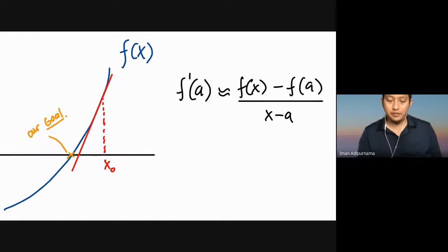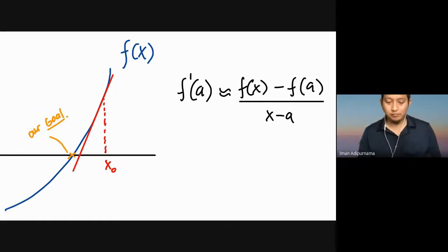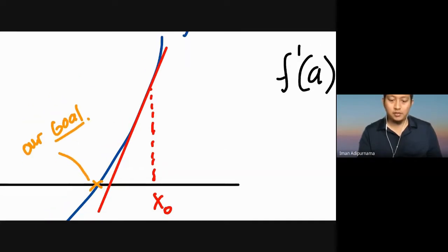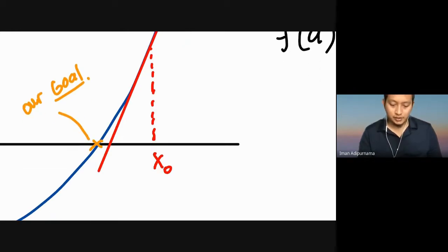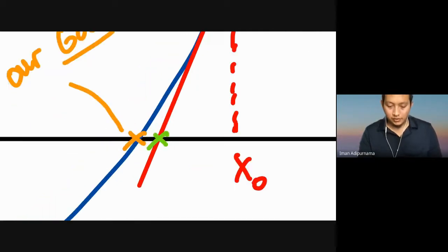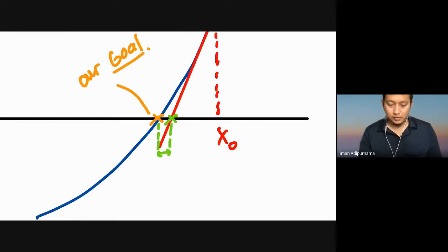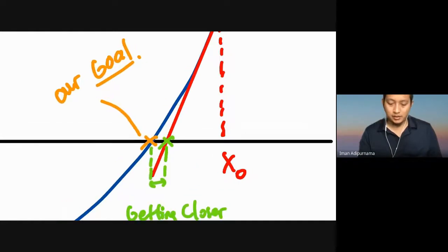So if we have the tangent line, we know that if we have this x0, we put the tangent line, and the tangent line is crossing the x-axis, right? Crossing here. And you see this distance is getting closer, right? So why are we not using another x here?